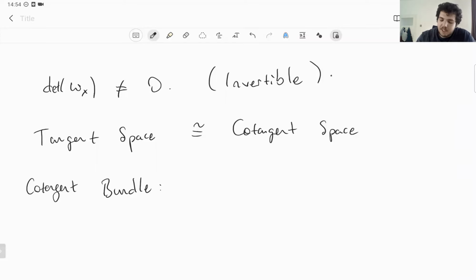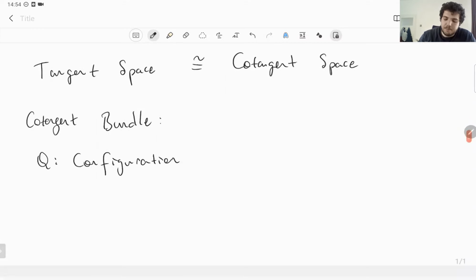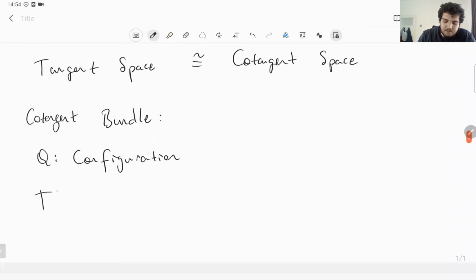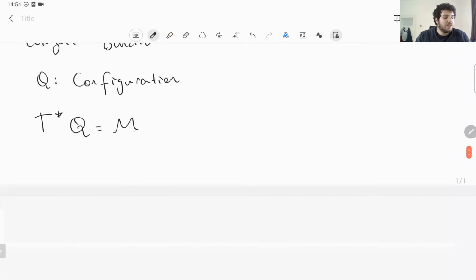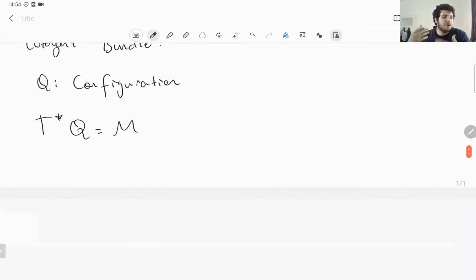Let's call Q our configuration space, and we'll take the cotangent bundle of Q to be equal to M. We'll take omega as the canonical symplectic two form, which is globally exact.